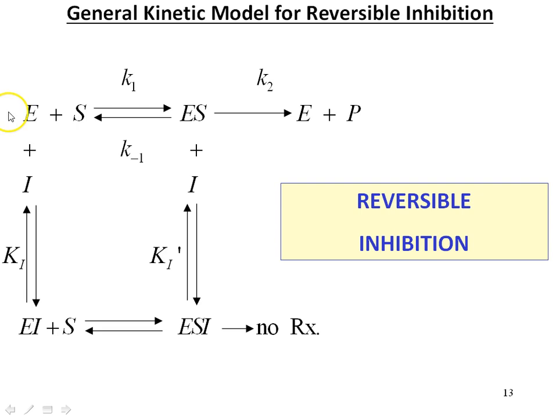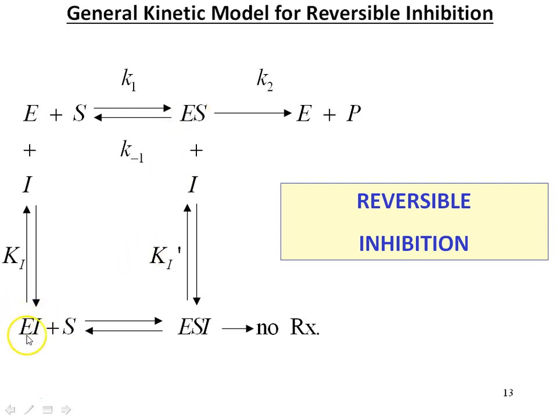Or you could imagine that the enzyme first binds the substrate, forming the enzyme-substrate complex, and that complex itself can bind the inhibitor to form the enzyme-substrate-inhibitor complex, which also leads to no reaction. So there are two routes for the inhibitor to bind the enzyme: it could bind the free enzyme first and then the substrate binds, or the substrate can bind first and then the inhibitor binds.